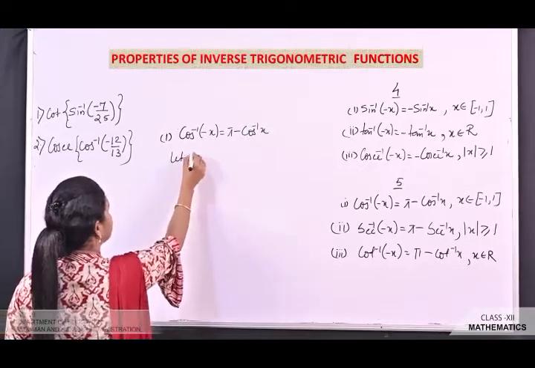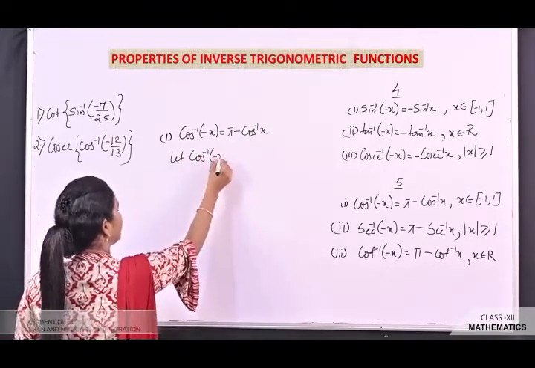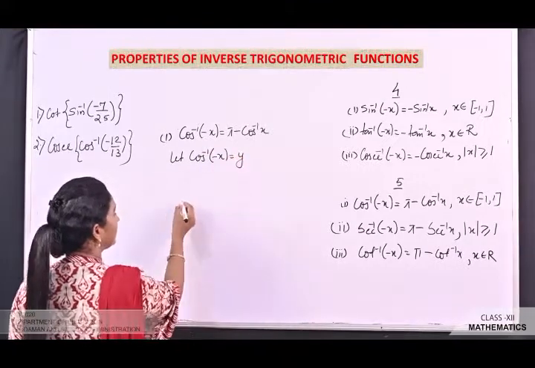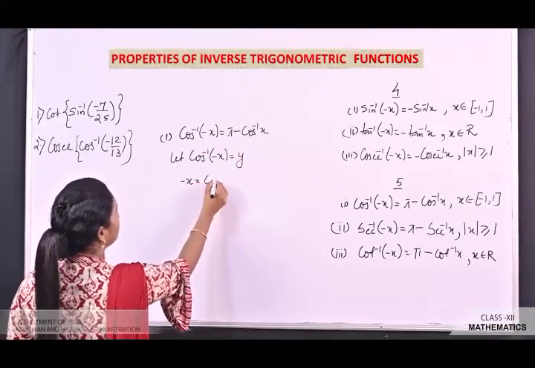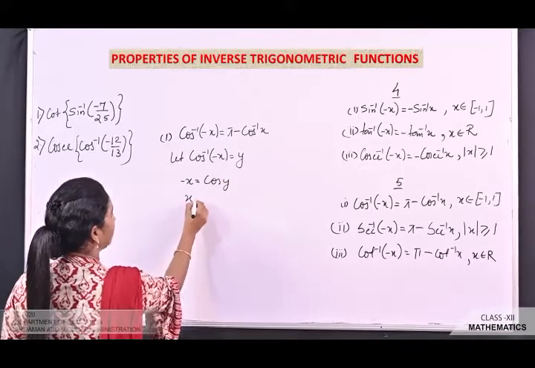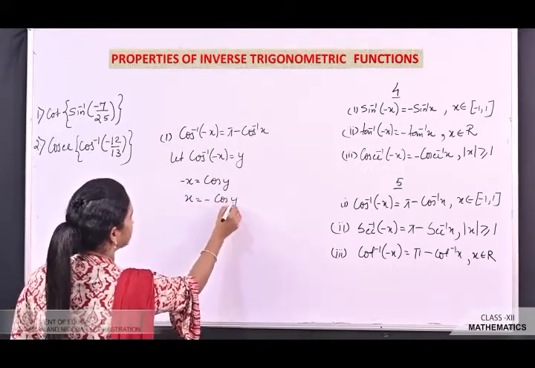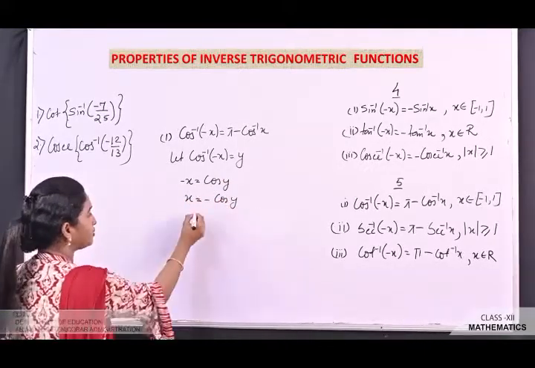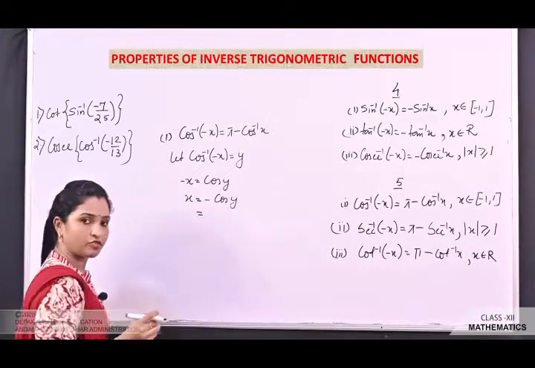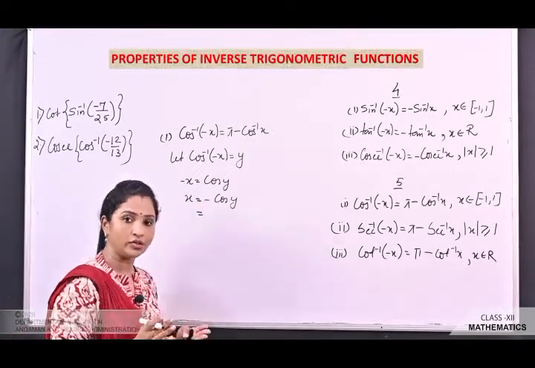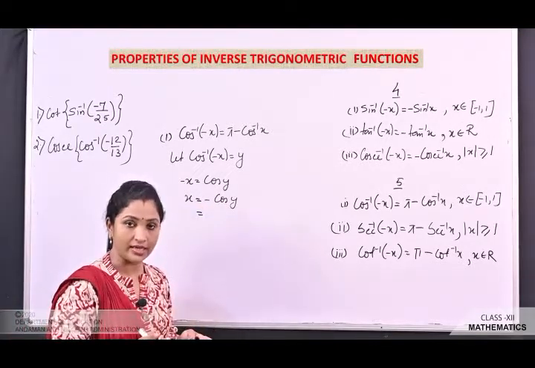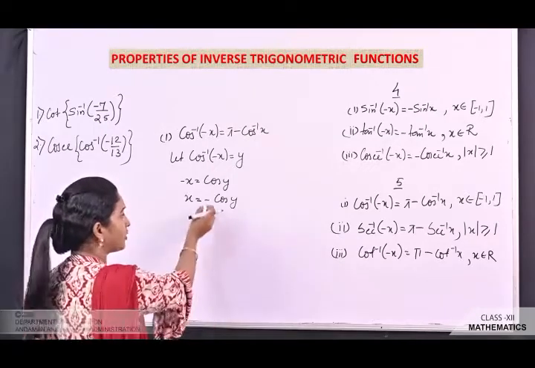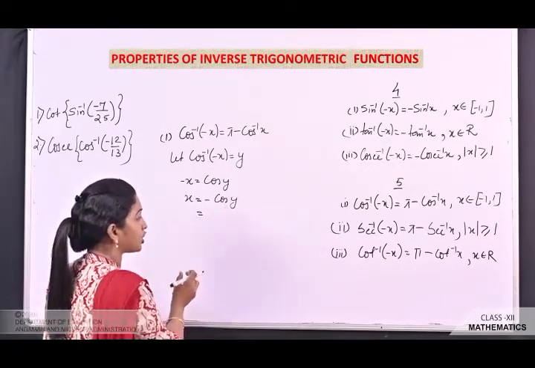Same way, let cos inverse of minus x be equal to y. So minus x is equal to cos y. x will be equal to minus cos y. Can you write minus cos y as cos of minus y? No, because we know that cos of minus theta is plus cos theta. So you cannot write minus cos y as cos of minus y.